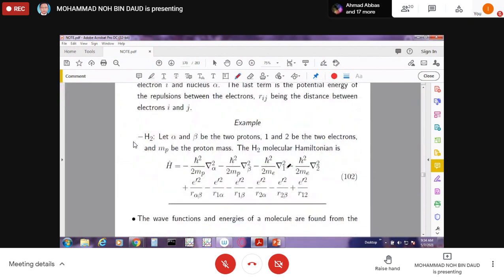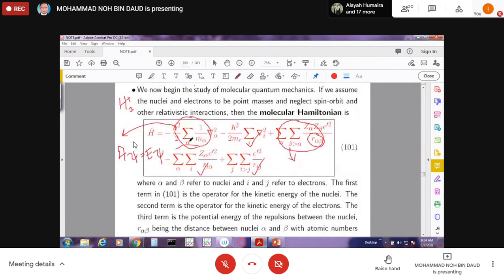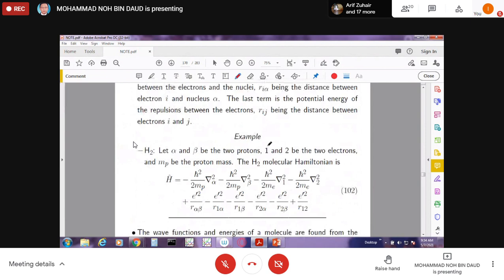This is how we write it before applying the approximation, by expanding the summations. For the hydrogen molecule, we have the kinetic energy for the two hydrogen nuclei, and the kinetic energy for the two electrons.